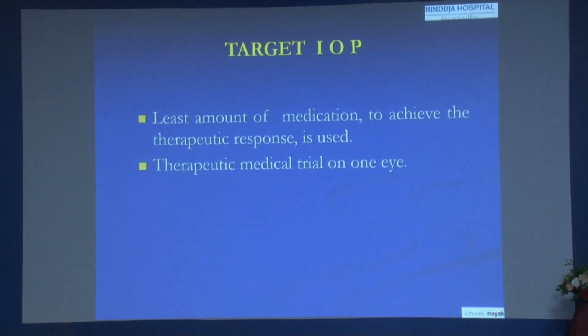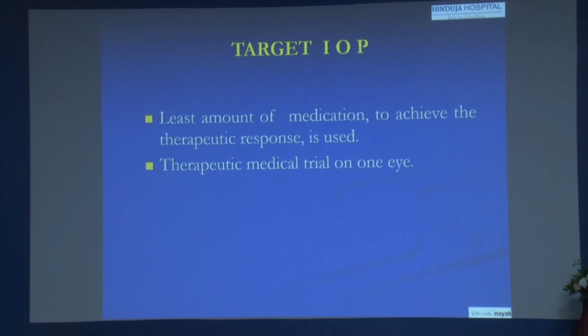But to attain the target pressure, the least amount of medication to achieve the therapeutic response is used. Because if you give 3 medicines instead of one, definitely it will produce more result, but whether it's really required or not.